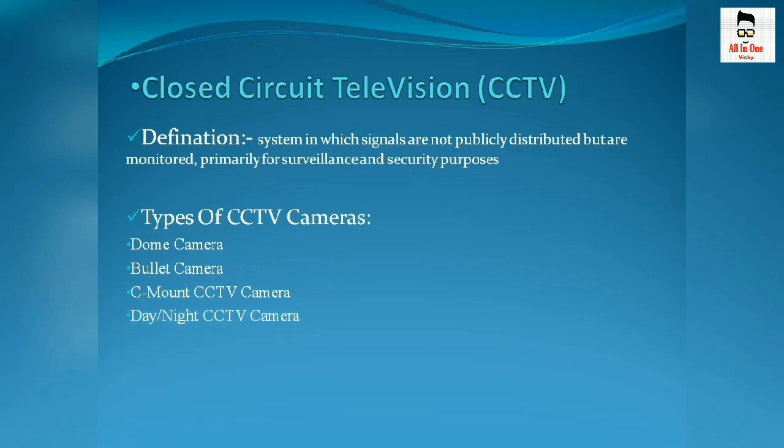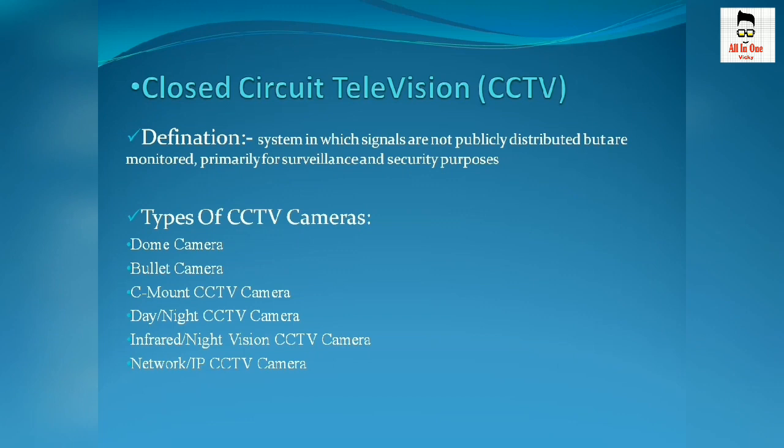Next point is day-night CCTV cameras, which are used for day and night purposes. The single camera is used in the day as well as in the night. The next point is infrared night vision CCTV cameras, which are specially used at night where there is darkness. There we can use an infrared night vision CCTV camera. Next point is network IP CCTV cameras, which work on IP.